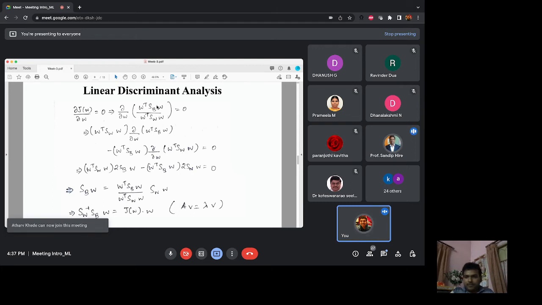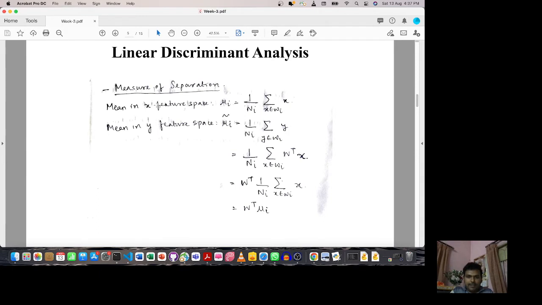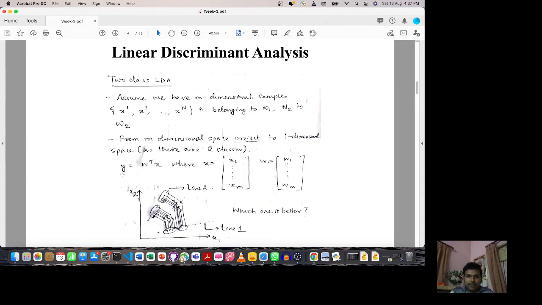No, the dimension of W is m cross 1. If you can see here, y equals W transpose x. So x is m cross 1, y is 1 cross 1. So W transpose is 1 cross m, which means W is m cross 1.